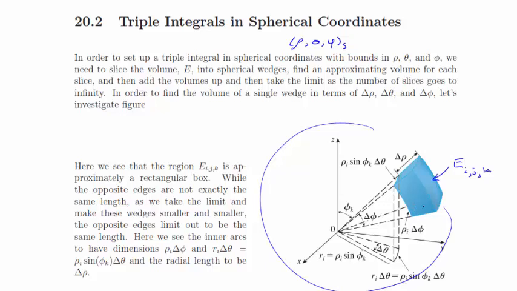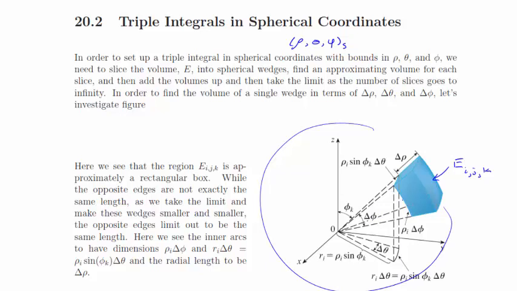And this object is nearly rectangular, with a width of delta rho, and then we have this length here in the phi direction, but because we're a distance of rho sub i away from the origin, we have to multiply that by delta phi in order to get the arc length on this inner edge.